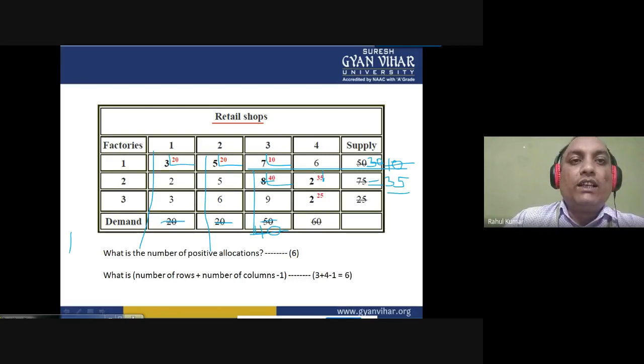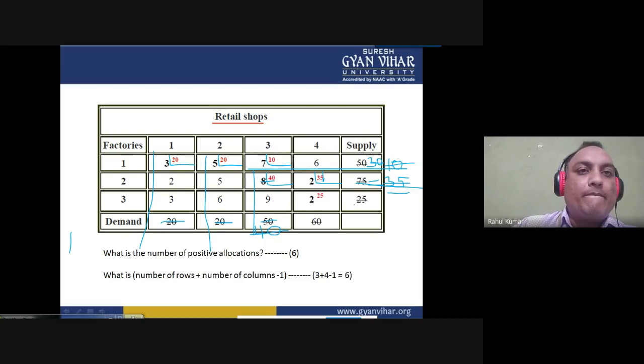Then allocate 35, and this 35 and this 35 cancel out. This column is cancelled out.